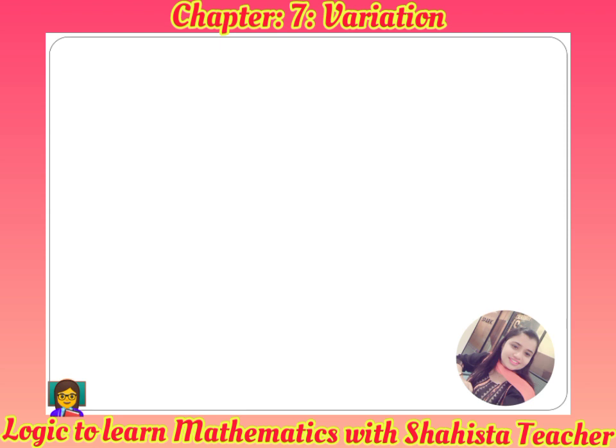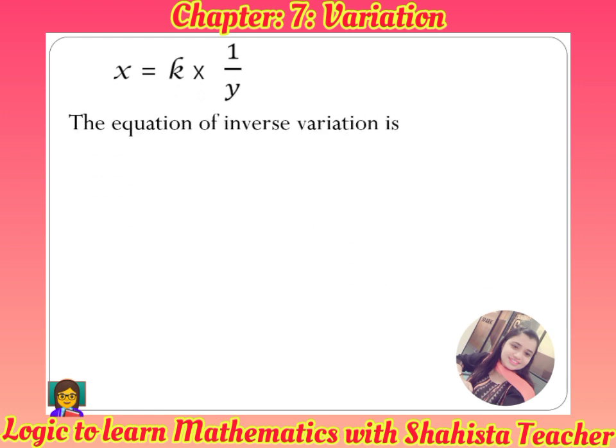That is why we are using this formula, x inversely varies 1 upon y. That is x is equal to k multiplied by 1 upon y. So here the equation of inverse variation is xy, x multiplied by y, cross multiplication, xy is equal to k. K is constant here.